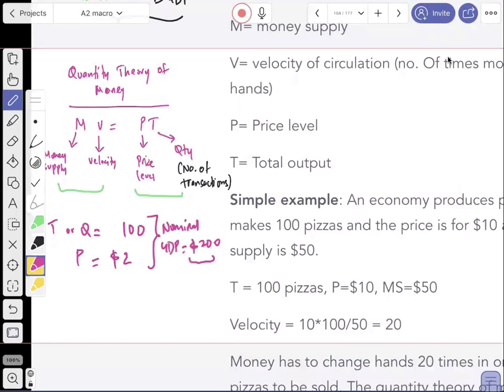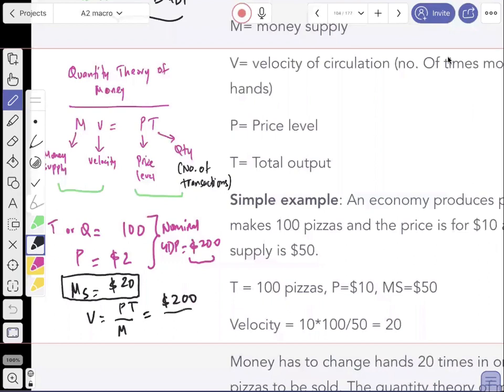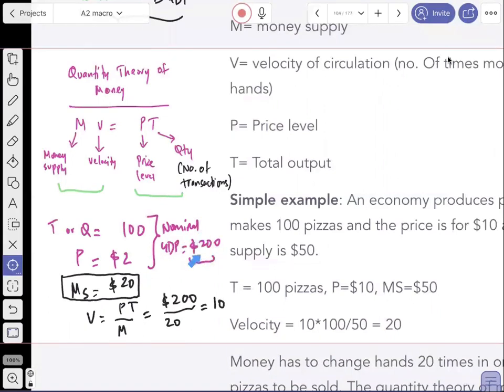The answer will be, well, 200 can be sufficient to meet this demand for money. However, what if money supply is only $20? Government only prints $20. This means V is equal to PT over M, which means money has to change hands, 200 divided by 20, which means money has to change hands 10 times in order to undertake $200 worth of transactions.